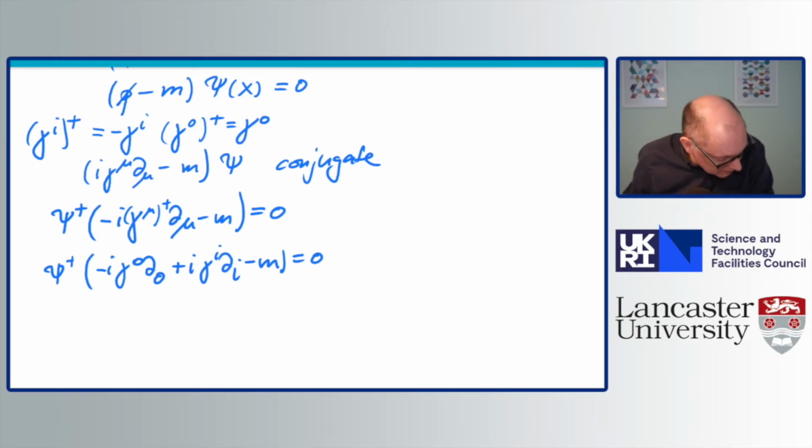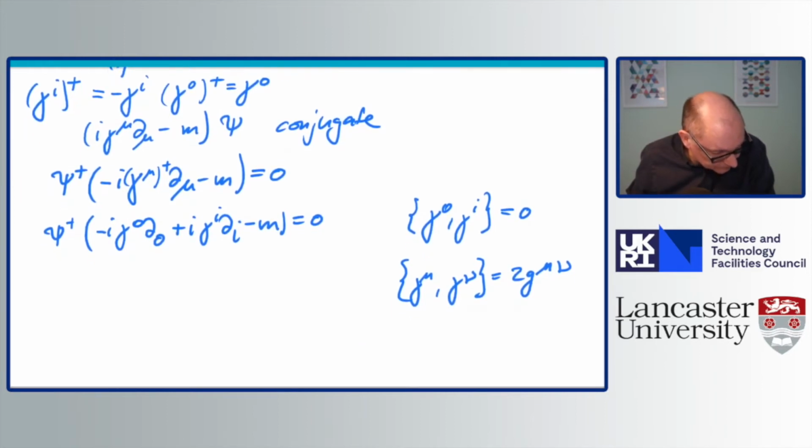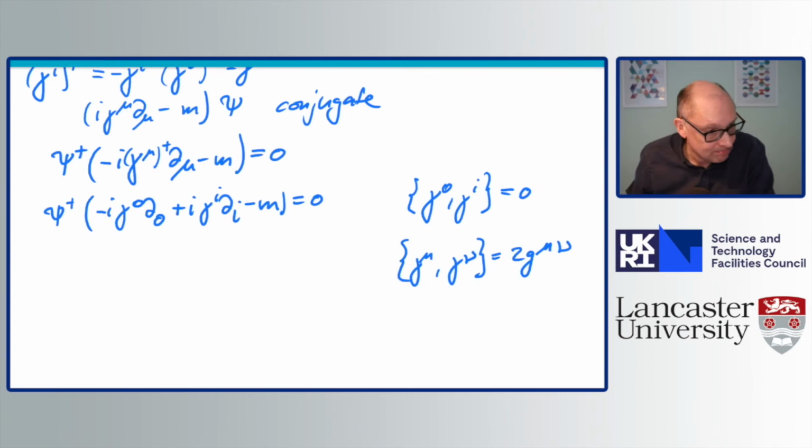It can be put on a covariant form. In order to show that, we multiply from the right with gamma 0, and we use the identities that the anti-commutator of gamma 0, gamma i is equal to 0. They all come from the anti-commutator of gamma mu, gamma nu being 2g mu nu. So if you have a gamma 0 with a gamma i, you get 0.